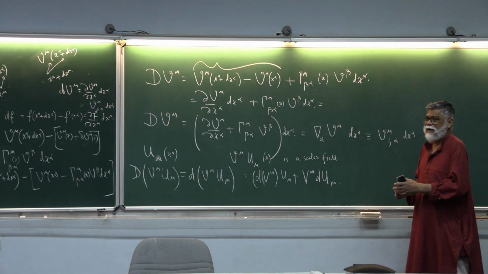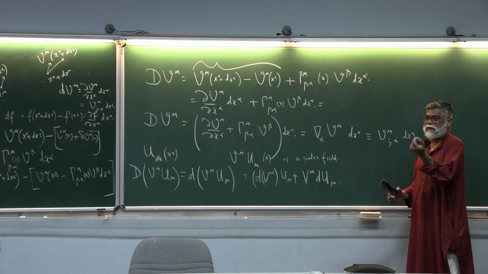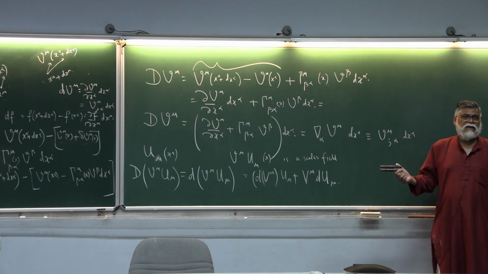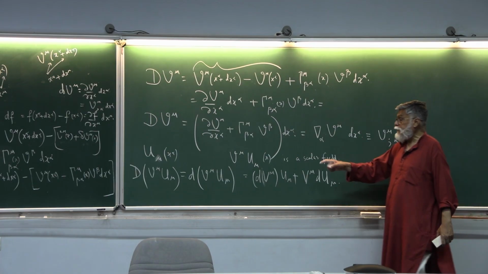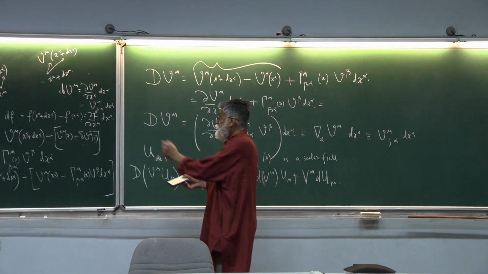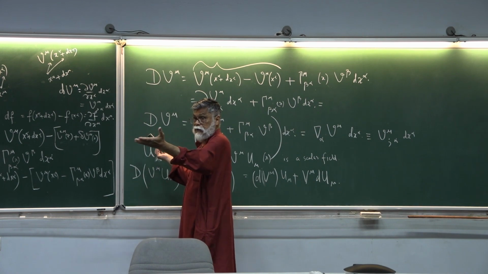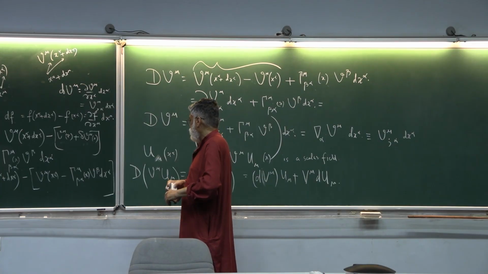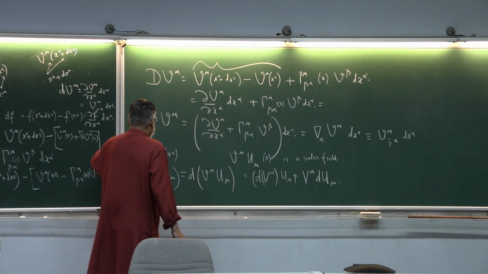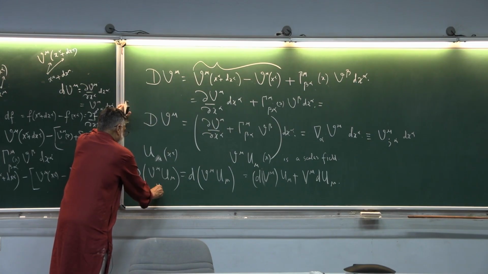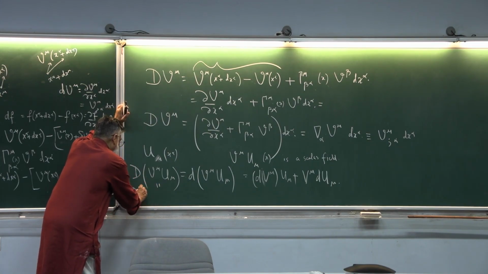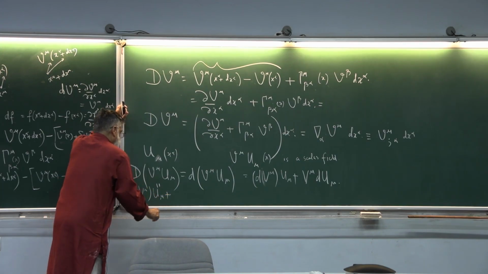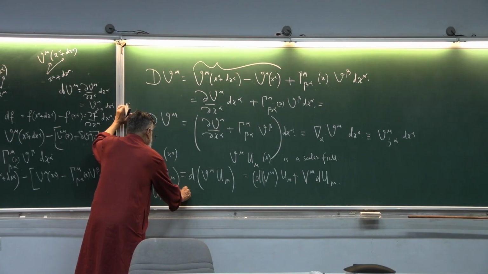Because the differential d is a derivative operation and it must satisfy the Leibniz rule, that we know. But so would capital D. After all, capital D is also a differential and it must also satisfy the Leibniz rule. There's an assumption, but it's a valid assumption. So under the assumption that capital D also satisfies the Leibniz rule, this must also be capital D of v mu times u mu plus v mu capital D of u mu.